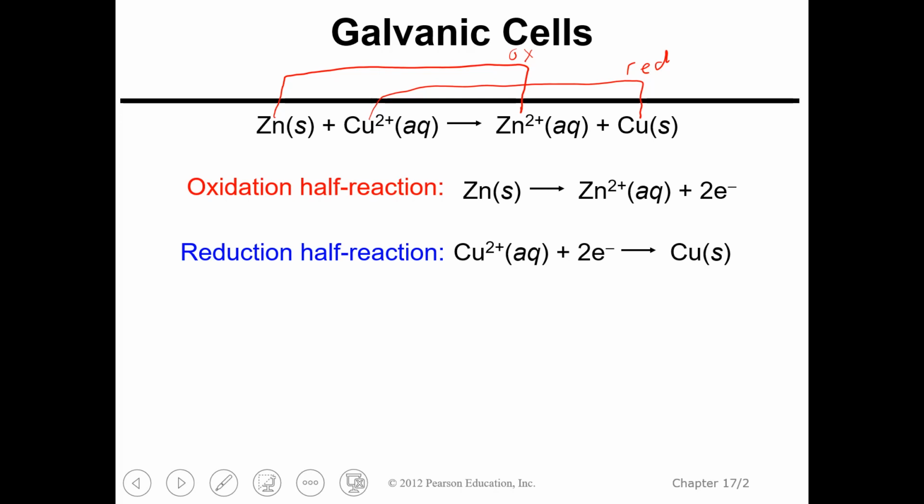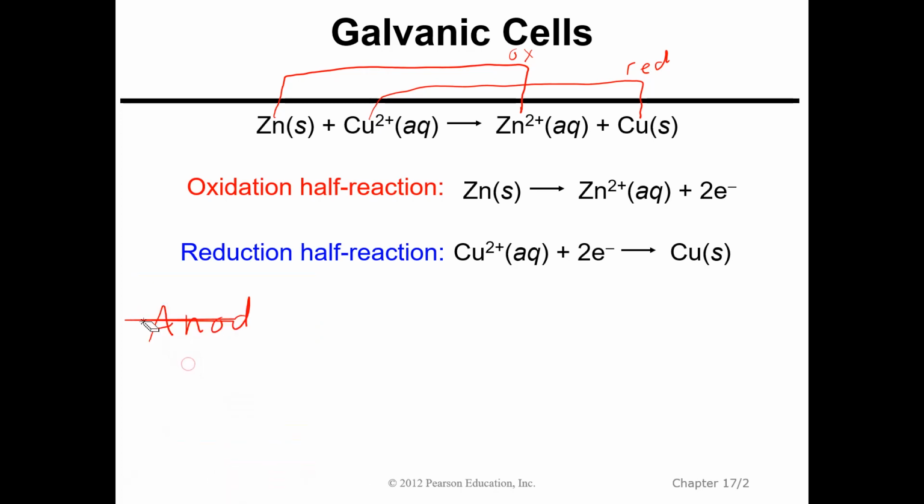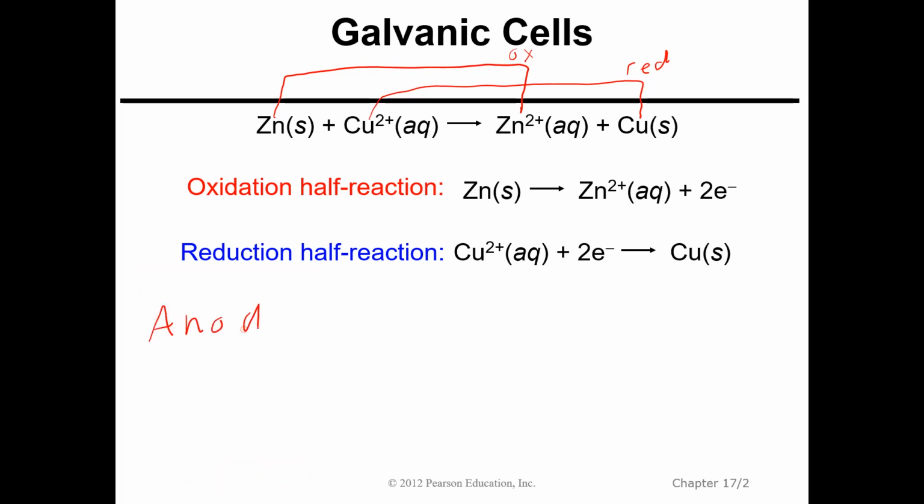The 2 parts that we have are an anode and a cathode. So an anode is the half of an electrical cell where oxidation occurs.